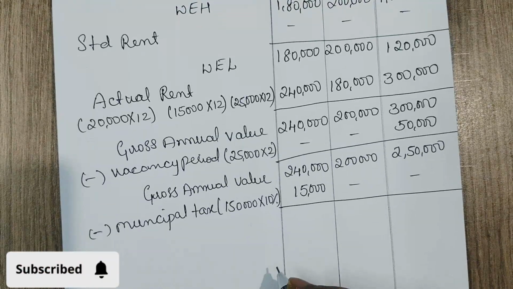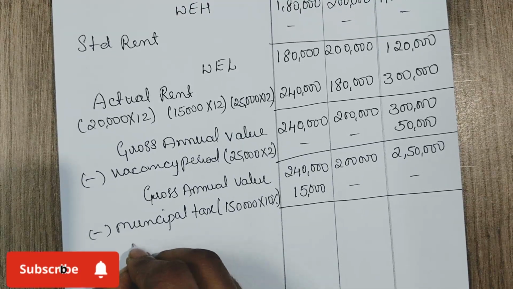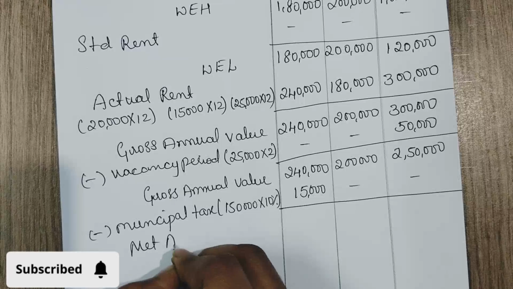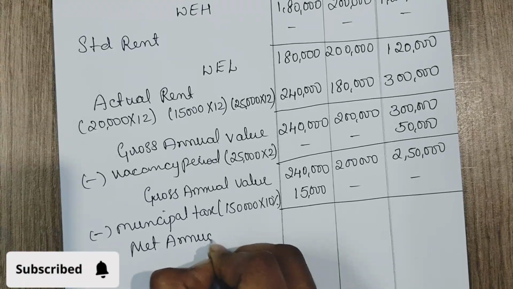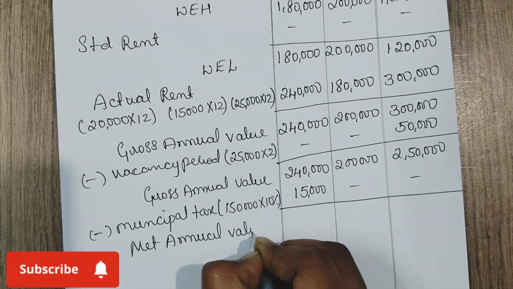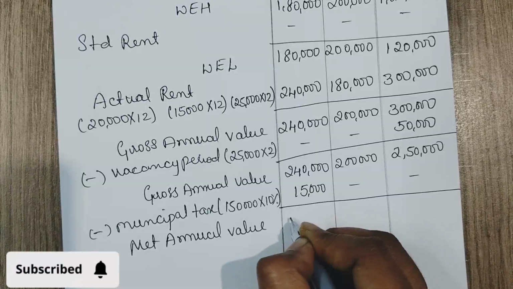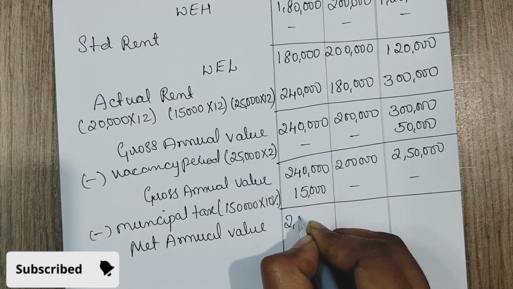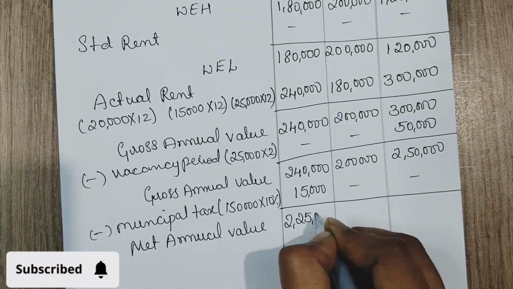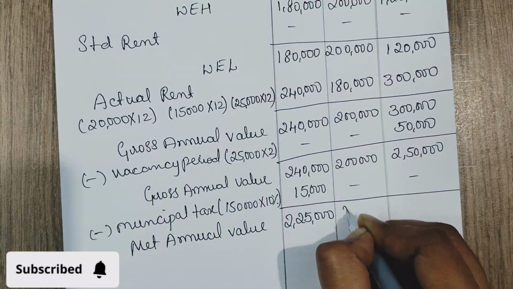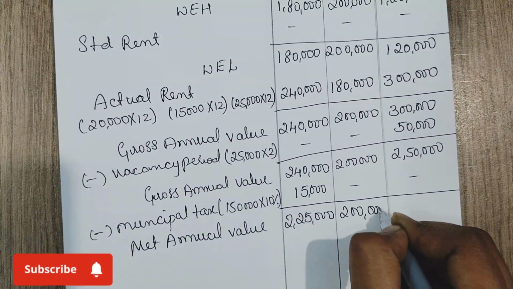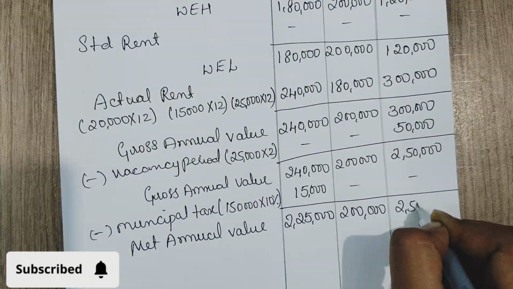House B, C we are not going to consider. Then we will get net annual value. 2,40,000 minus 15,000 is 2,25,000. 2,50,000.